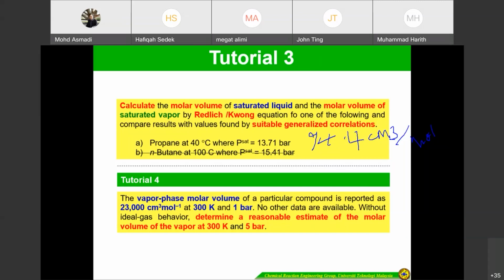Any answer? Just look in the chat box. And the answer is 94.17. How about the gas phase, Vanessa? Vanessa Teo Zingyi. Are you there?